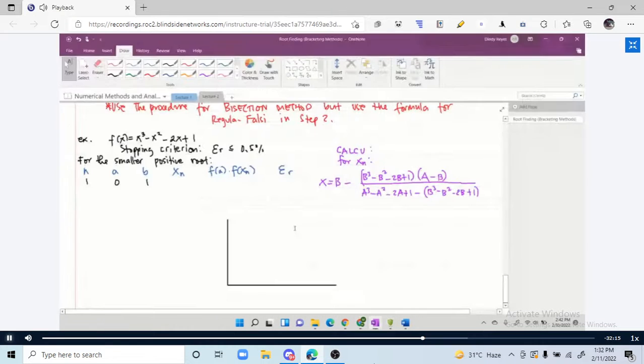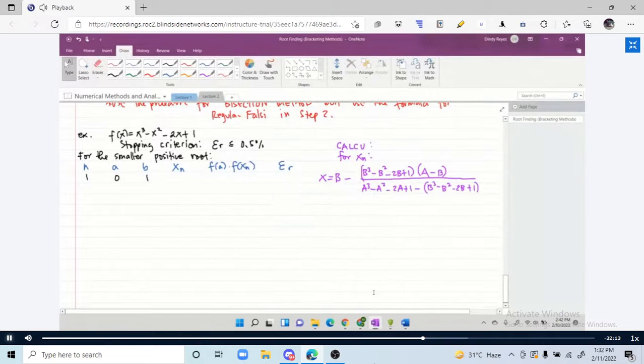Kasi, it's either you use the term roots or zeros. Ang tama kasi, zeros of a function or roots of an equation. Ito, they mean the same thing here, ha?